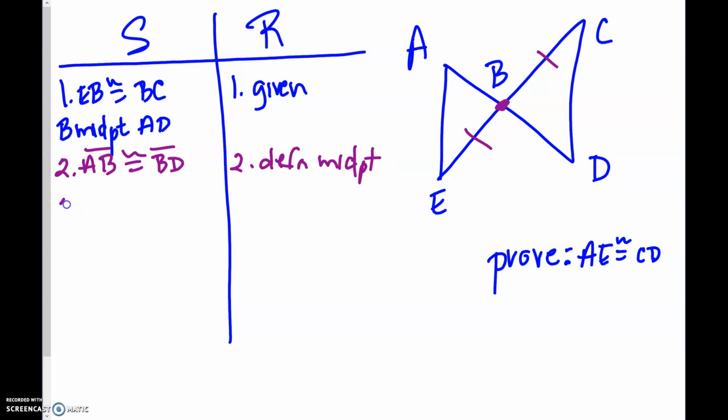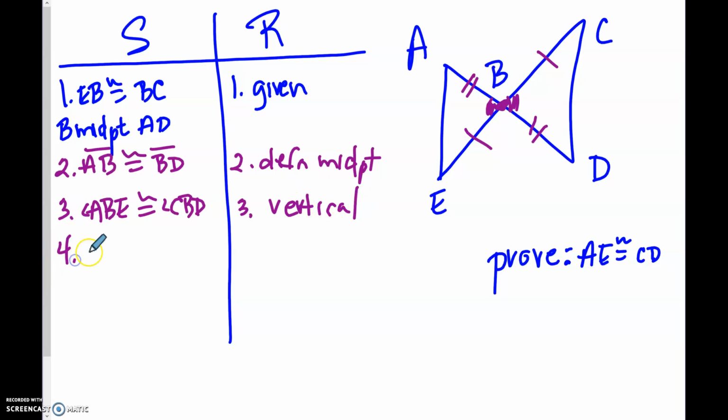Now, is there something else that this diagram is just telling us to be able to use? So we just got these congruent. And then we have this angle in here and this angle in here. So angle ABE is congruent to angle CBD, and that is called vertical angles. Now I can get those two triangles congruent.